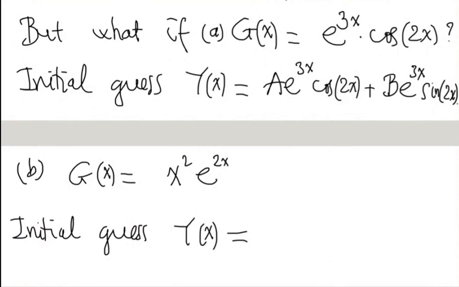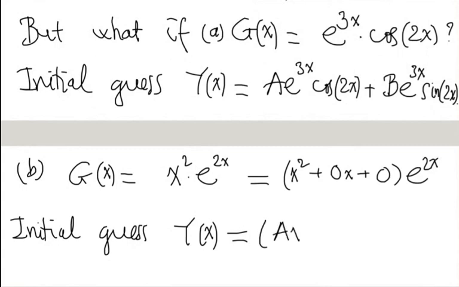If the initial guess has a constant times y1 or a constant times y2, then we do need to modify. Now here for this example, we have a polynomial x squared and e to the 2x. As before, for the polynomial, we need to fill in all the missing terms. So we should have x squared plus 0x plus 0 here, times e to the 2x. And once we have that, we will guess capital Y in the same format: (a x squared plus b x plus c) e to the 2x.